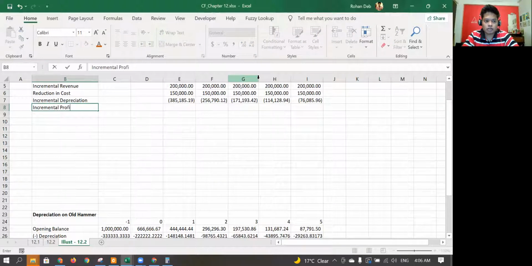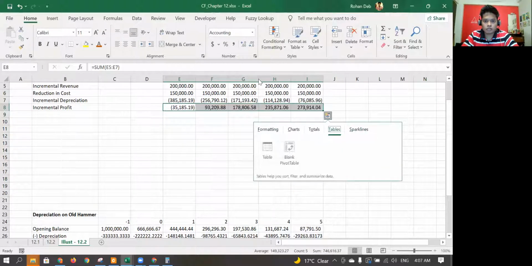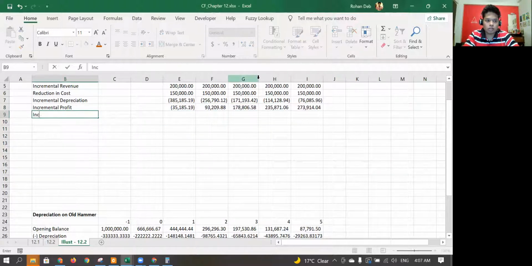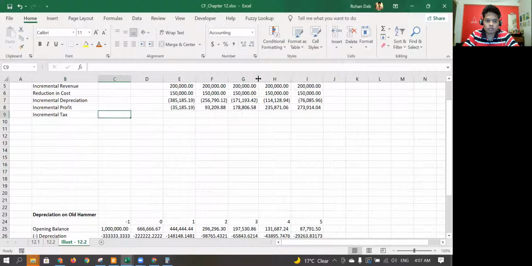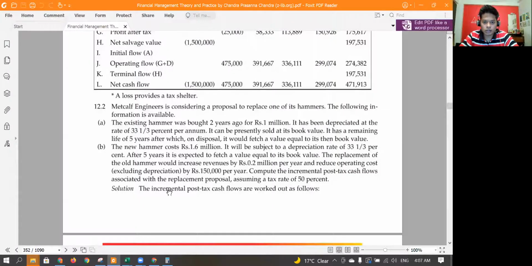Okay. So incremental profit would be this. Now incremental tax. The tax rate was given as 50%. If you read the question, the tax rate is 50%.